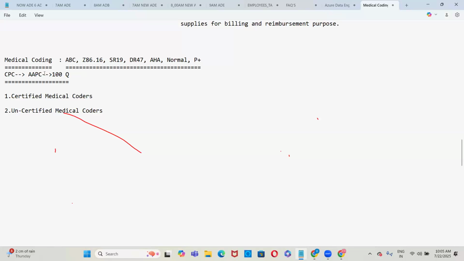You can type it in the chat box, please. If somebody wants to ask something, they can chat it. Type it in the chat box, guys. I will respond.